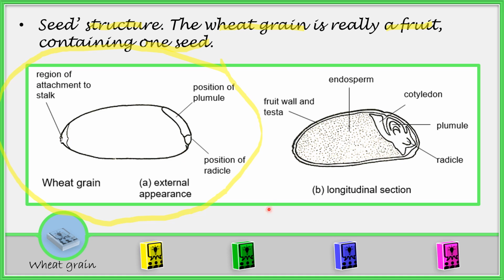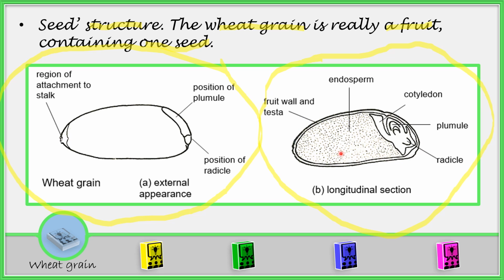Then if we go to this side, this is where we have cut it longitudinally through our fruit seed. Here we have the fruit wall and the testa. Of course, they are fused together around.